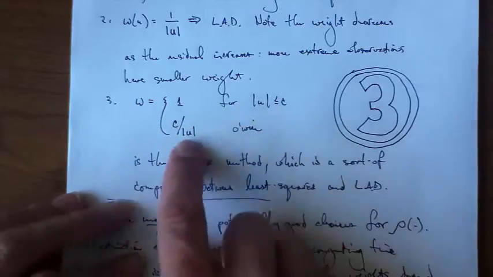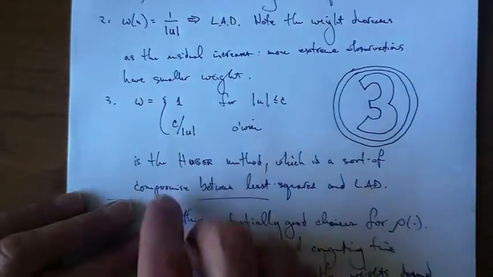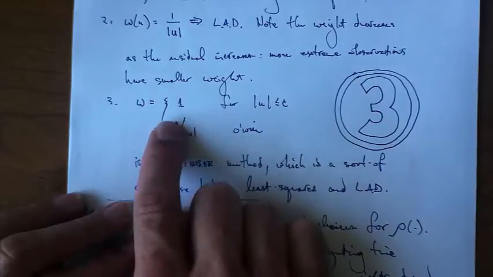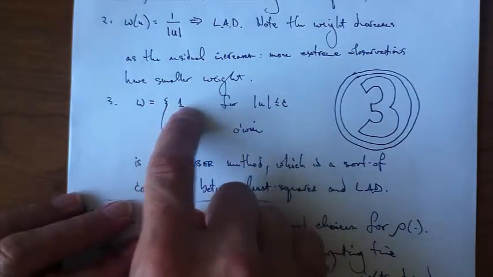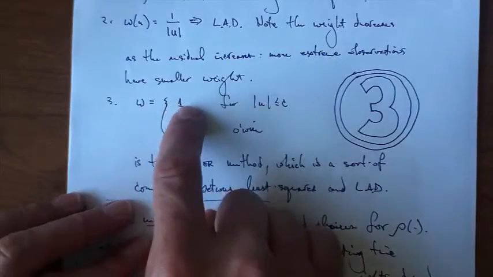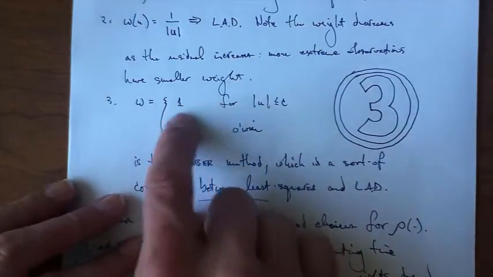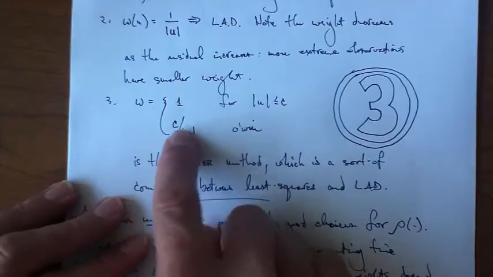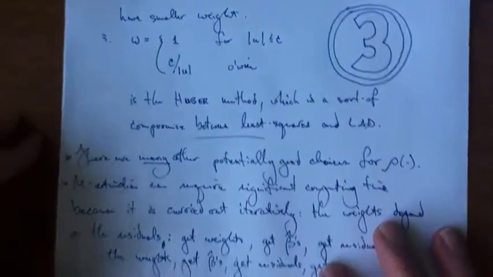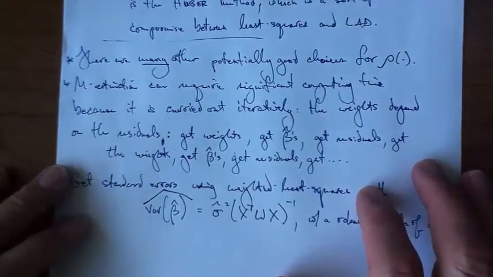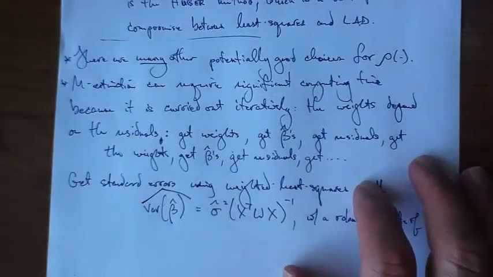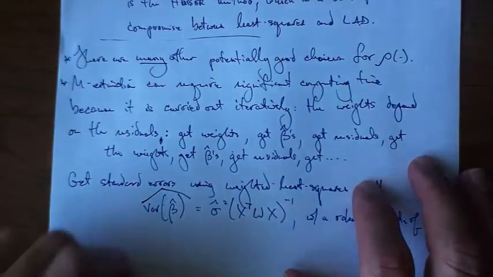This is a nice compromise between least squares and the LAD method. It essentially operates like least squares when the residuals are not so large, but the farther they get away, the weighting drops off. Of course, there are many other potentially good choices for rho. It might depend on what kind of data you have and what's really going on there.